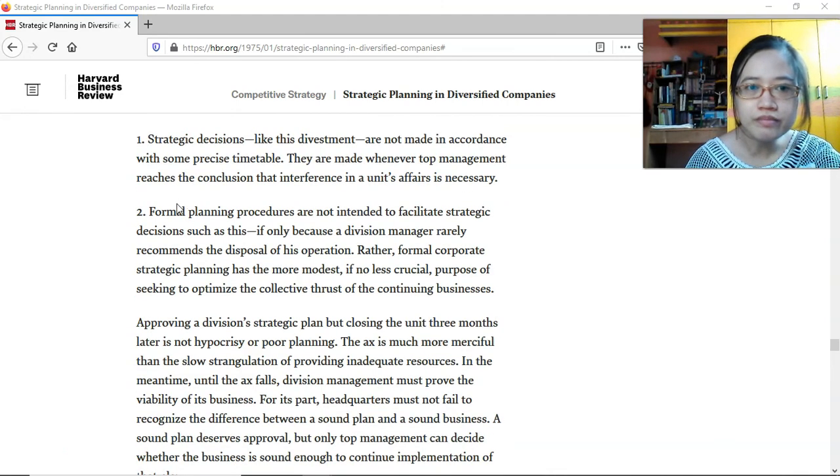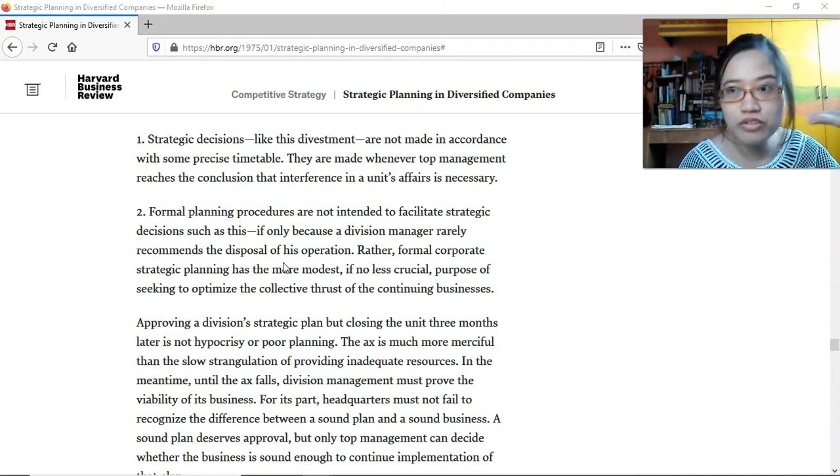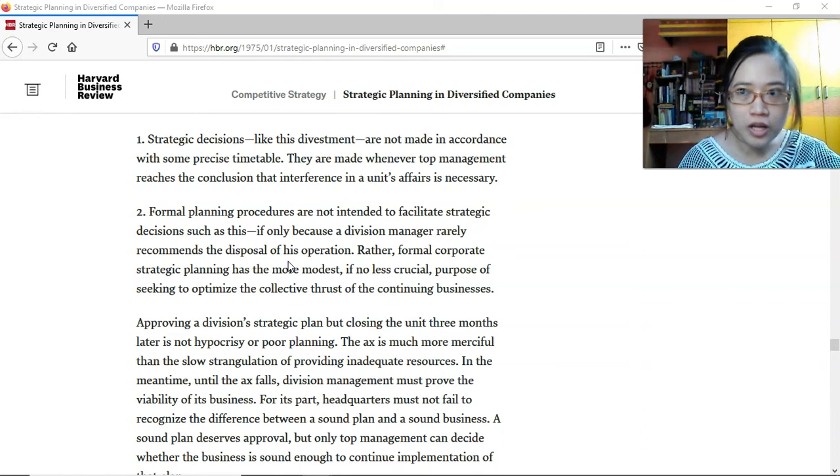Okay? At ang second, formal planning procedures are not intended to facilitate strategic decisions such as this, if only because a division manager rarely recommends the disposal of his operation. Of course, kung ikaw yung division manager, ikaw yung nag-support nung recommendation ng yung functional areas, tapos you're also recommended it to the top, syempre gusto mong patunayan na maganda tong business na to.